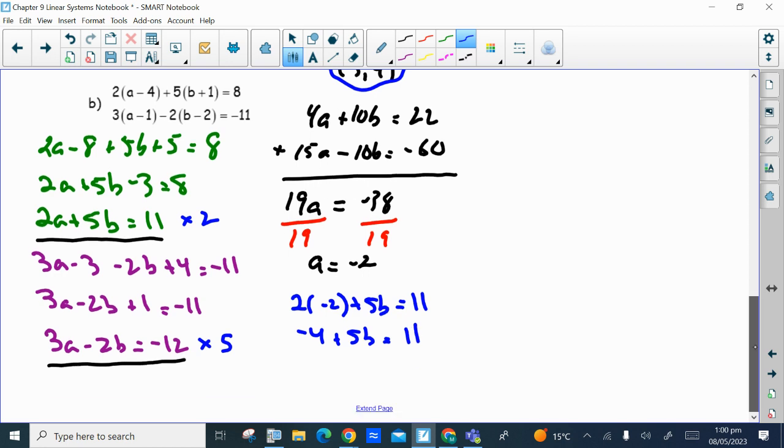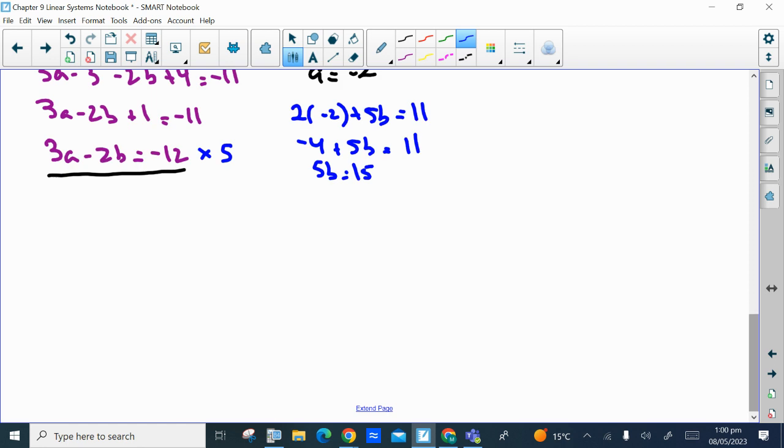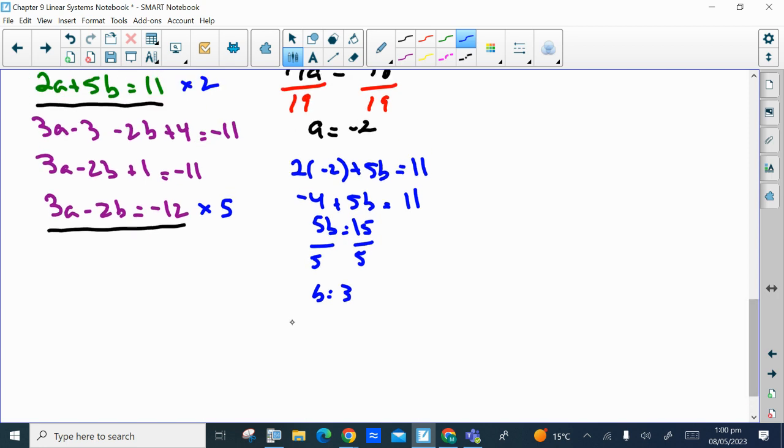If you add 4 to both sides, 5b will equal 15. And then divide by 5, b will equal 3. So if we write our point in alphabetical order, it'll be negative 2 comma 3.